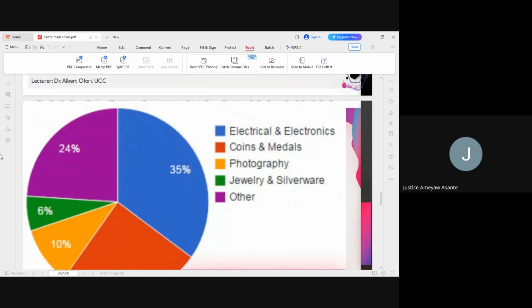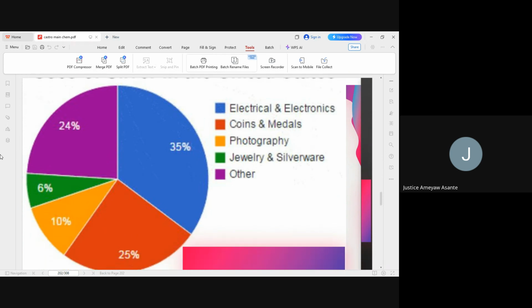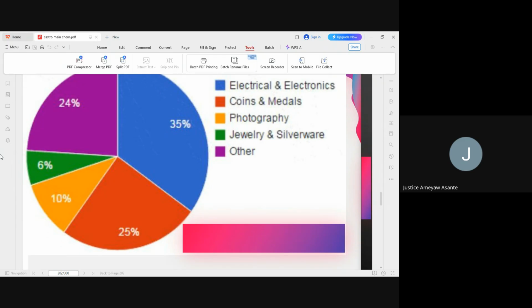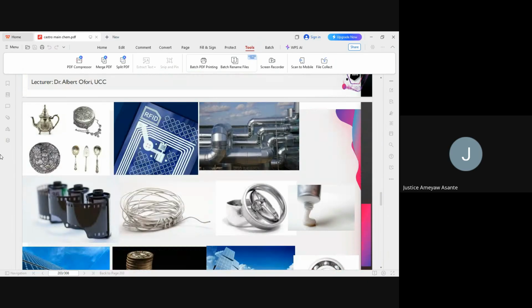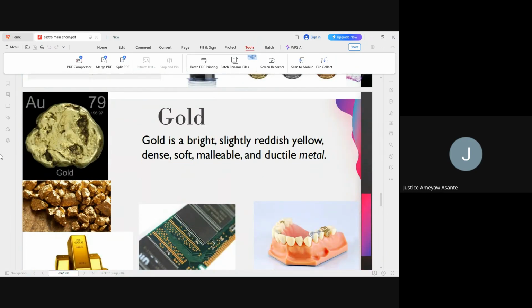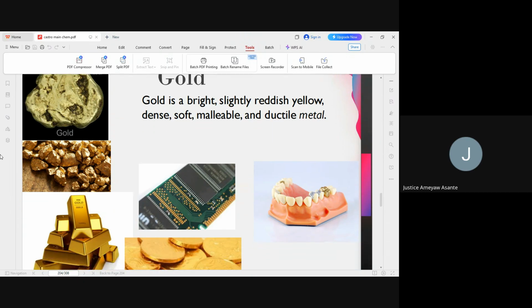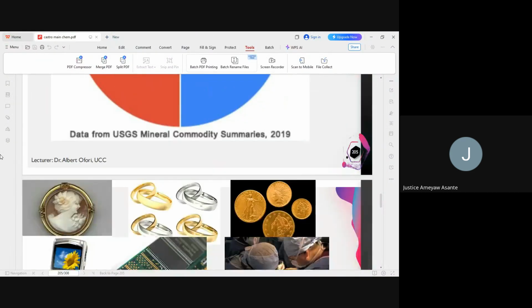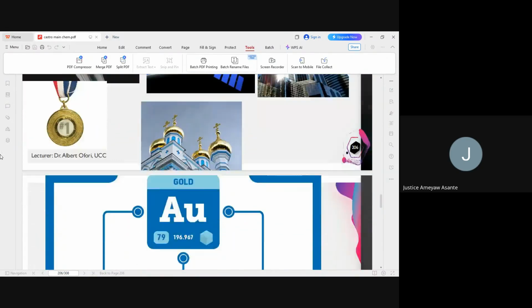And how do you use it? Electrical and electronics 35%, coins and medals. Then we have photography, jewelry and silverware. So we have here all these things. Then we have gold: white, slightly reddish yellow, soft, malleable, and ductile metal. And these are the things we can use gold for.